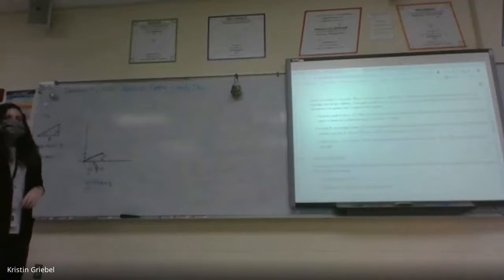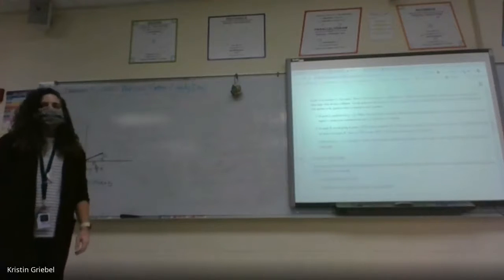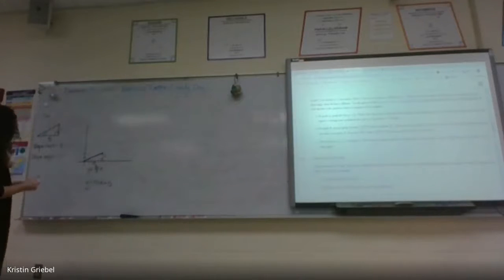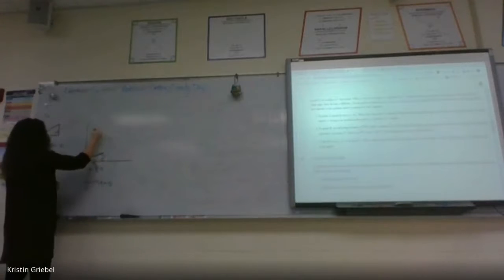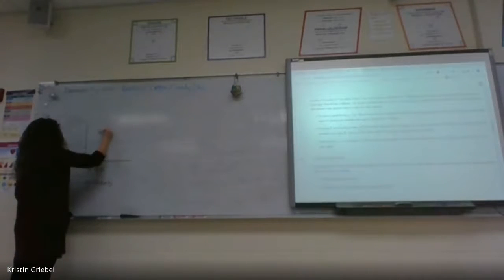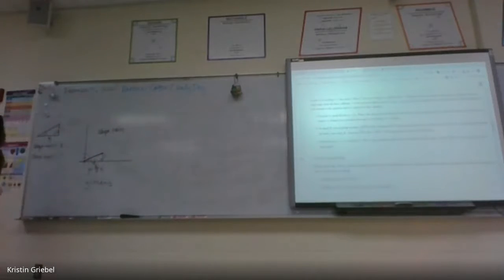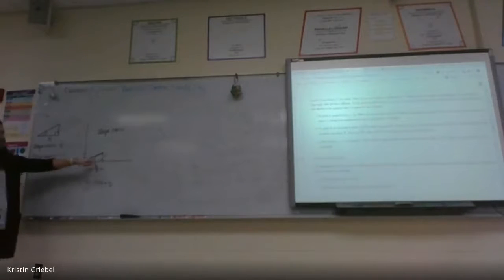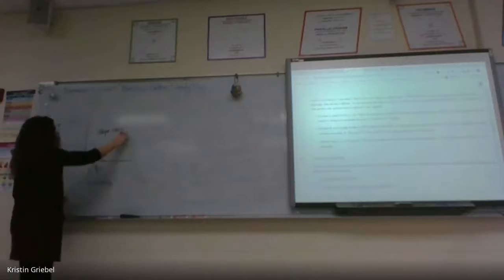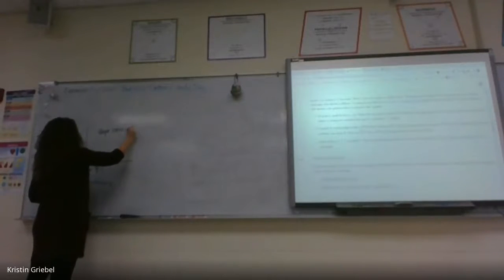All right, so what's the slope ratio for this triangle? That's the line. I want to know what's the slope ratio. Oh, 2 over 5. Yeah, so the slope ratio is 2 over 5.